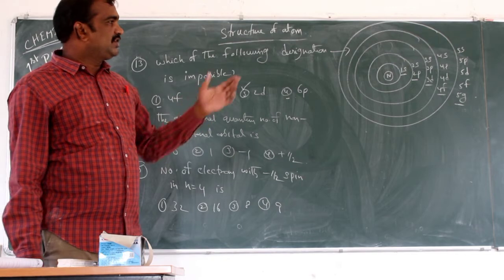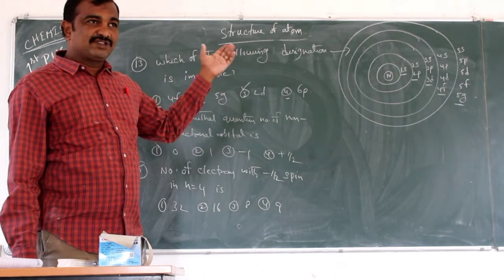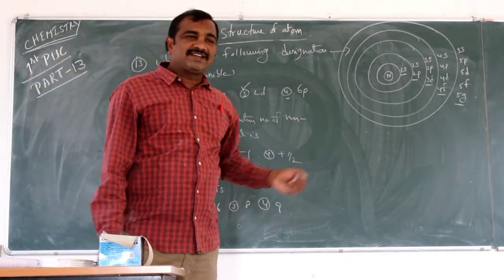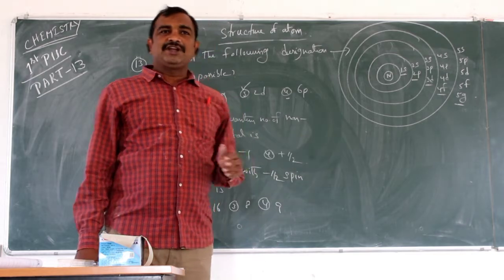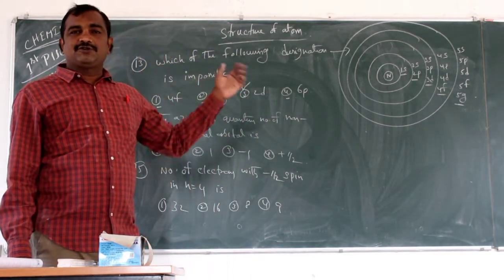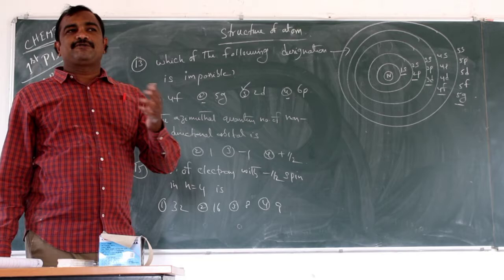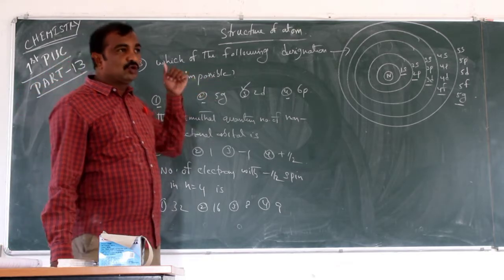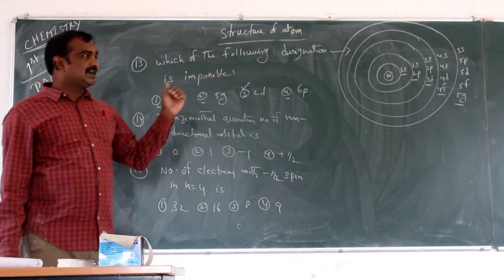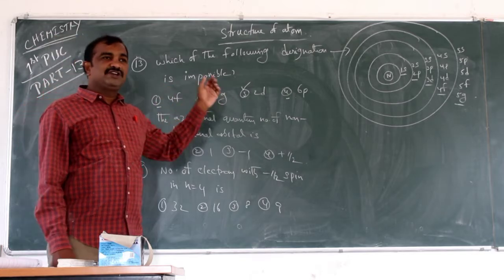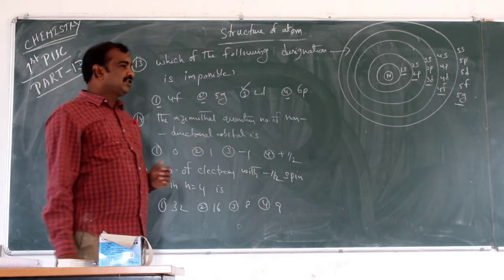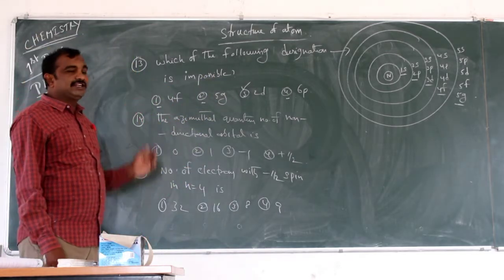S starts with the first, P with the second, D with the third, F with the fourth, and G with the fifth orbit. By knowing the concept, the question is very easy to do. Okay, that is the 13th one.